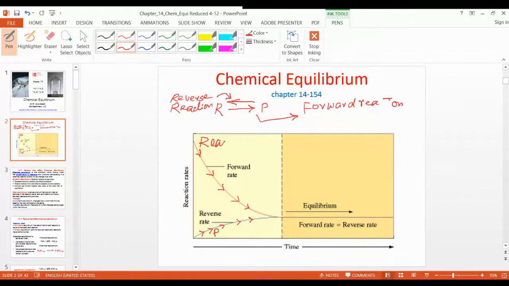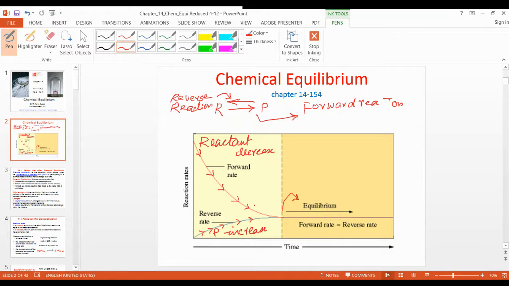Reactant decrease. And product increase. And when both reach at a certain point, that is equilibrium.